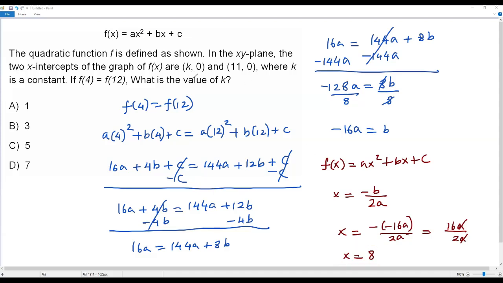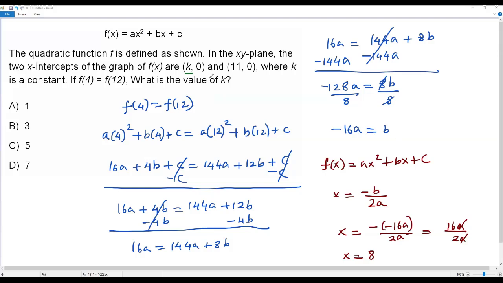And already we have the two x-intercepts of the graph of the given quadratic function f of x, that is (k, 0) and (11, 0). Okay, so whenever we have two x-intercepts for a quadratic function, we can find the x-coordinate of the vertex of the quadratic function by taking the average value of the x-coordinates of the x-intercepts. Now let me find the average value of the x-coordinates of the two x-intercepts.